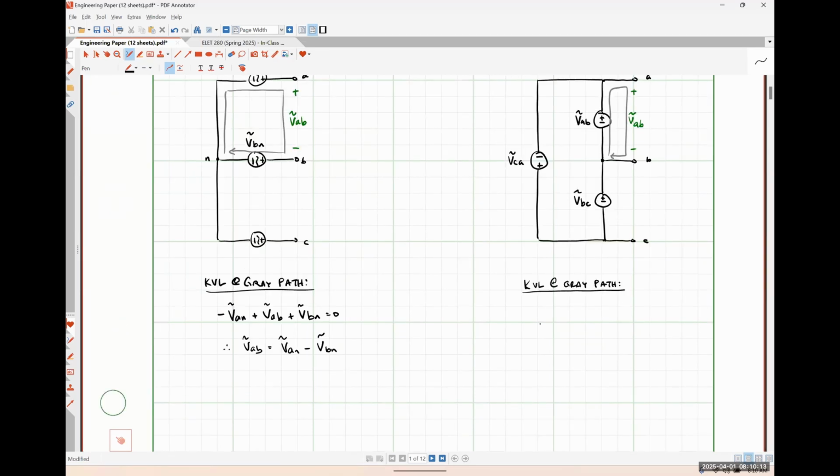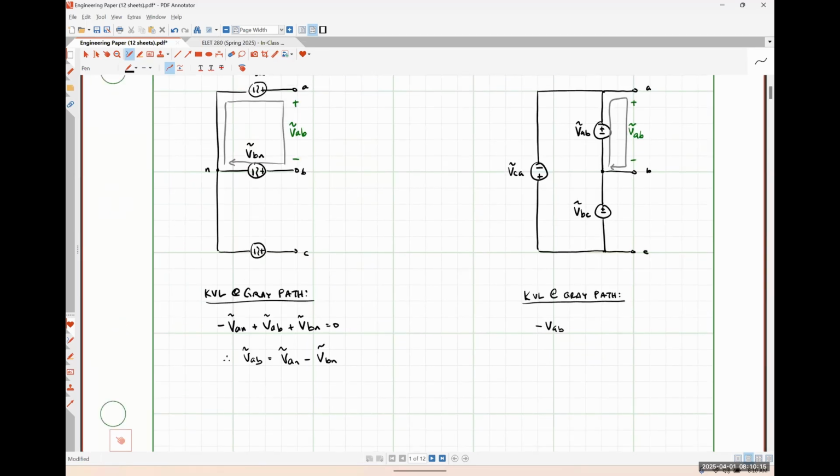I would wind up getting negative VAB, so that's my source voltage, plus VAB, my terminal voltage, is equal to 0, and unsurprisingly, VAB is equal to VAB. So this is essentially me saying that the phase voltage and the line voltage for our delta connected source are the same thing, which we already knew from our last class meeting.